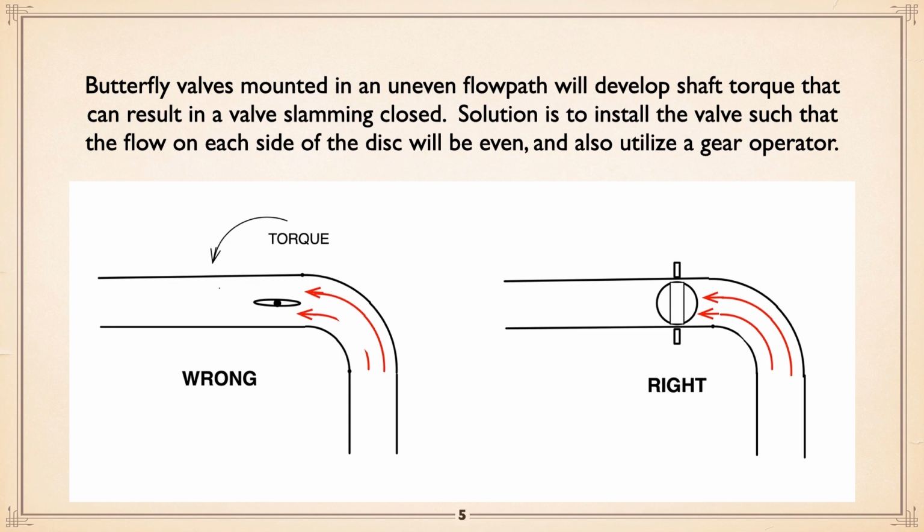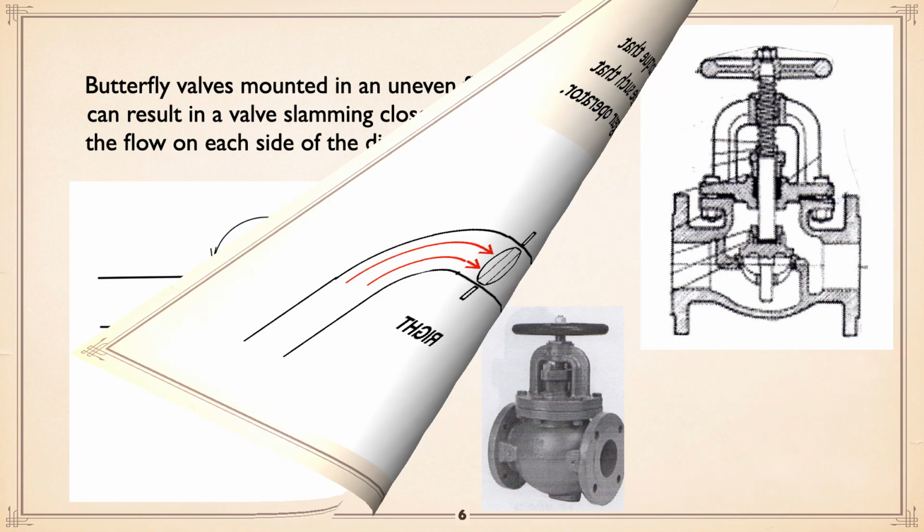There have been cases with lever operated valves where that's happened, and all of a sudden it'll slam shut and you get water hammer. The proper way is to have the shaft mounted as shown on the right, so the flow is dividing on either side of it and is even, no problem at all. Another way to avoid disc slam, of course, is to use a gear operator.